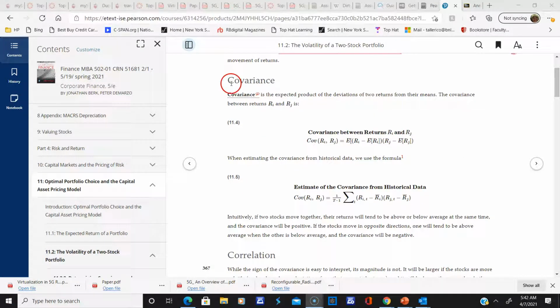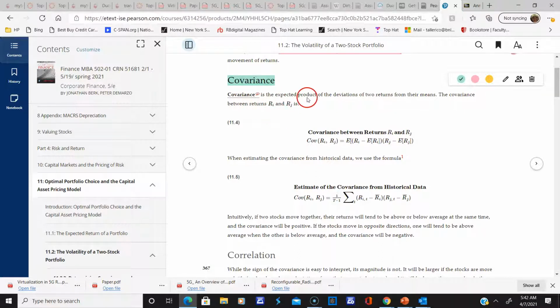So let's start with covariance. These are really statistical problems that I don't expect you to know all the math, but I just want to introduce it to you, because this is the answer to an excellent question about negative and positive correlation.